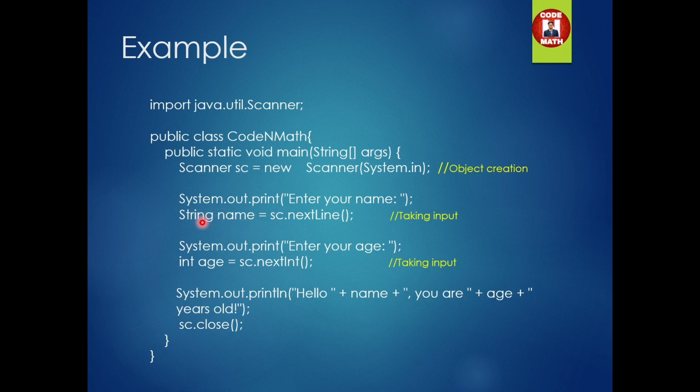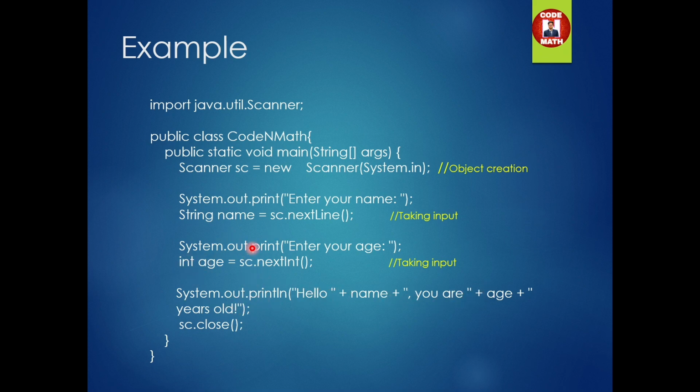So I took the string variable and then took the name as the name of the variable, and I took the input here using this sc object dot next line. And in the same way I did here, enter your age, and then I took the input from the user and stored it in this age named variable, which is the type of integer. And finally, I printed the variables.